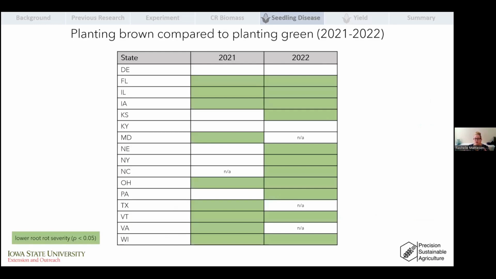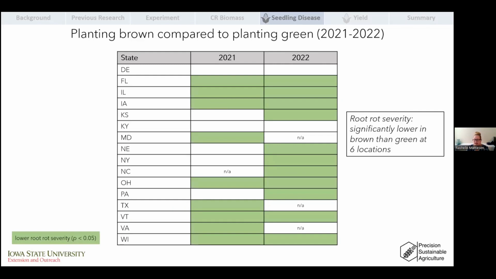So what happened across the 16 locations? This is data from the first 2 years. We're getting to the third year, so maybe next year we'll have another webinar for all of the data across the 3 years. For the 16 locations, what we found is that at 6 of them, including Iowa, there was a significantly lower amount of root rot in the planting brown compared to the planting green.